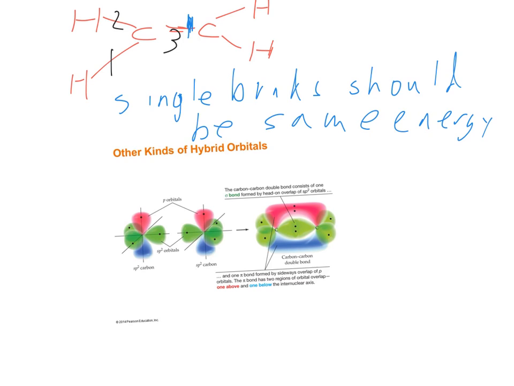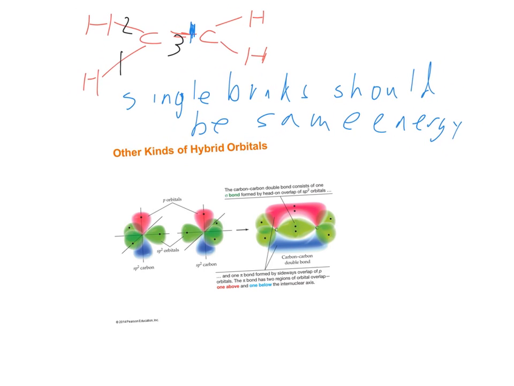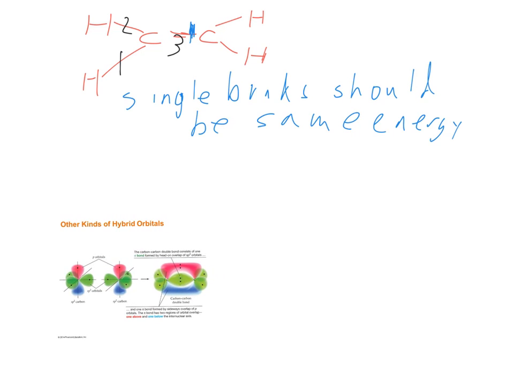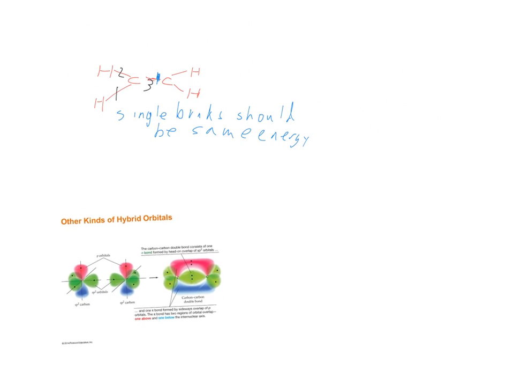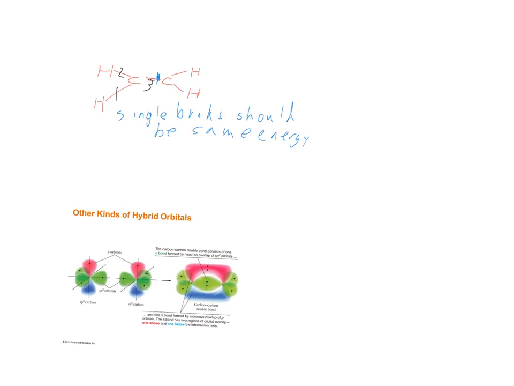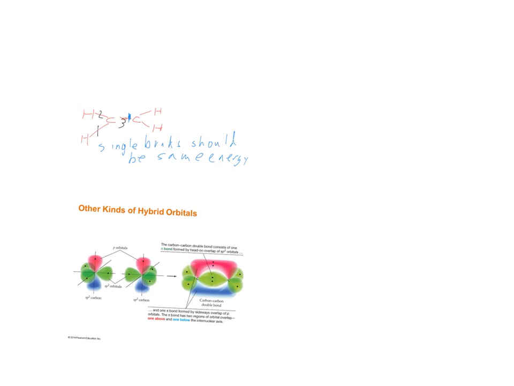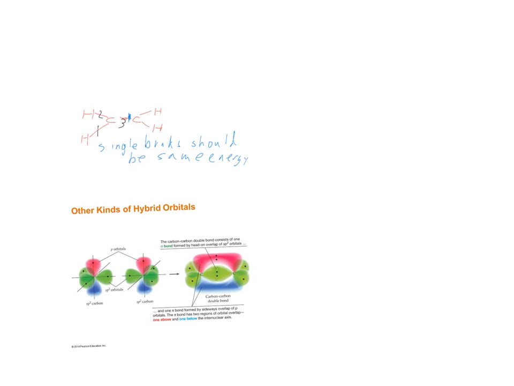So we have to come up with a scenario where we have three bonds of equal energy and one bond of a different energy. So if we were to look at our carbon here, we're still going to form hybrids. Why do we still have to form hybrids if we've got one orbital that has to be of a different energy? After all, isn't that s of a single different energy to begin with? Here's the reason we have to form that hybrid still.